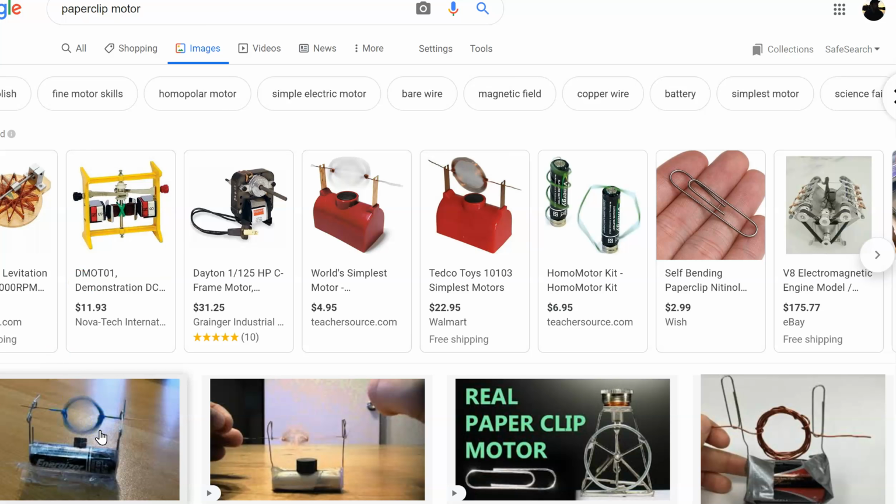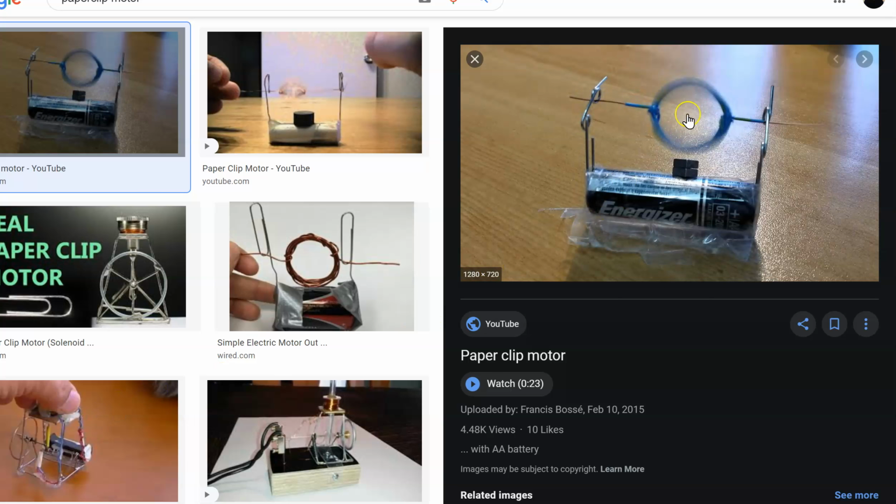A little thing like this, right? Just a real simple little coil. The battery is passing electricity through it. You've got a little magnet down here that's putting magnetic field lines through there, and that thing will sit there, bzzz, and just spin. That's all a motor is.